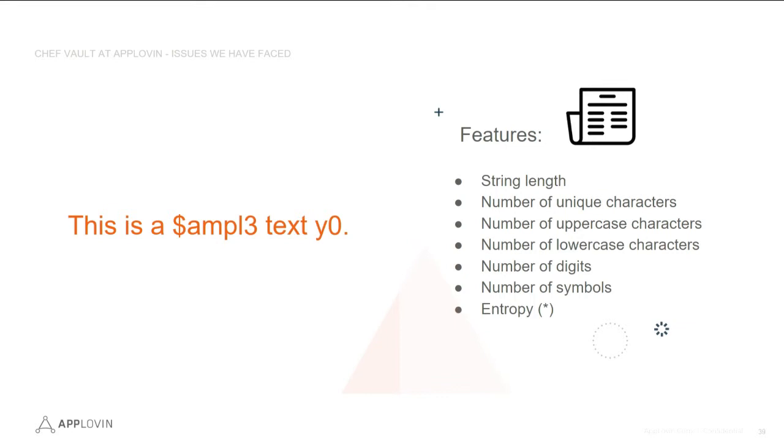These are the features that we found useful in analyzing strings: string length, the number of unique characters, uppercase characters, lowercase, number of digits, number of symbols, and we can also have entropy, which I'll be going through later. And we've built models to detect secrets based on these features.